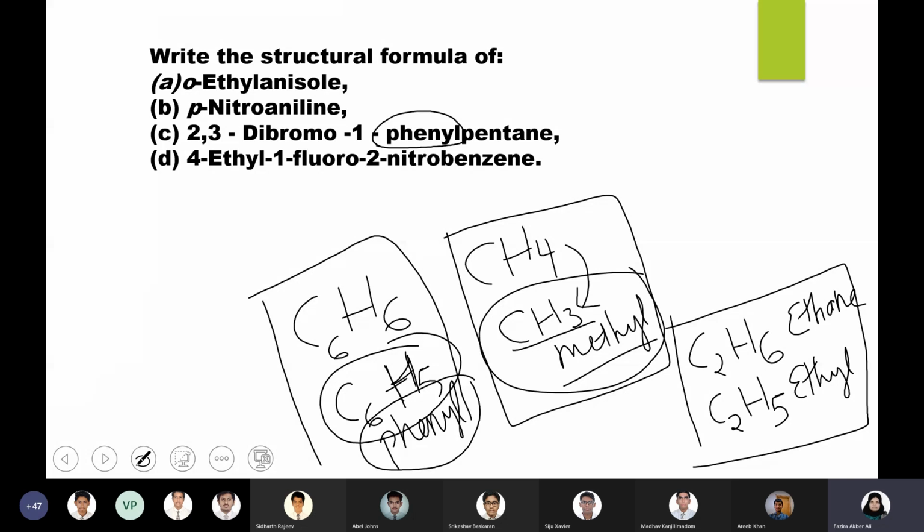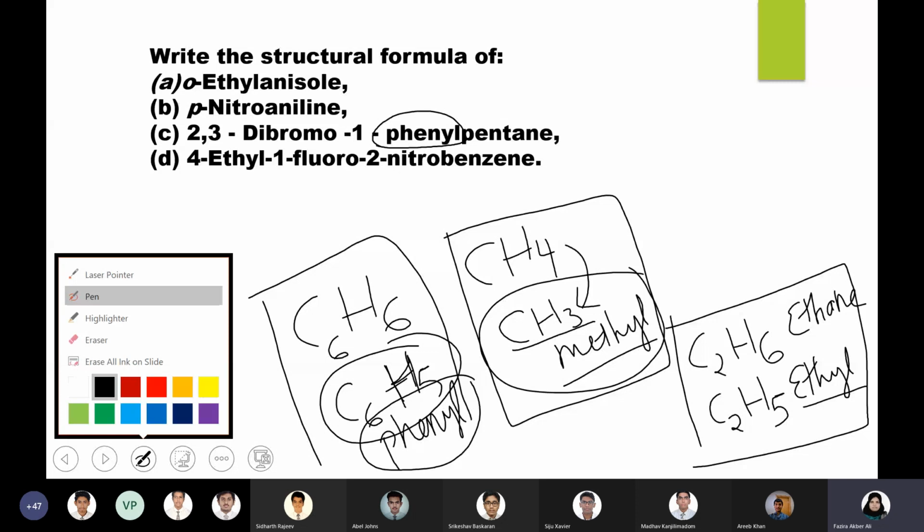Similarly, ethane becomes ethyl with one hydrogen less. In the same manner, a benzene ring or any other aromatic compound can also come as a branch. In such cases, rather than writing benzyl, we write phenyl, with the formula C6H5.